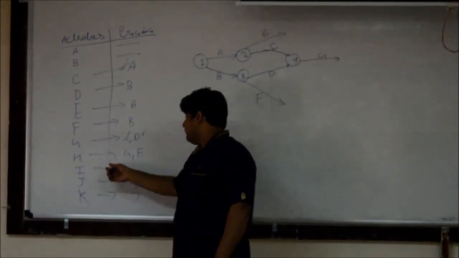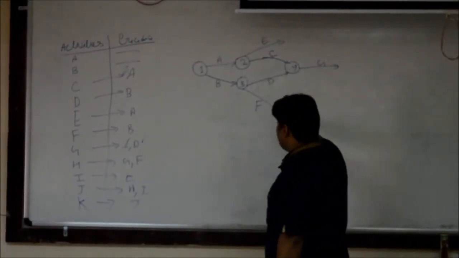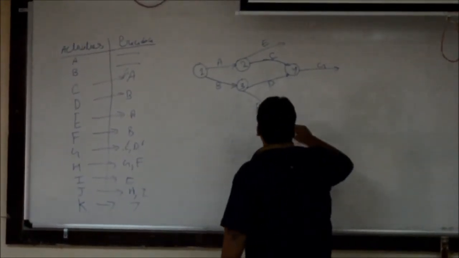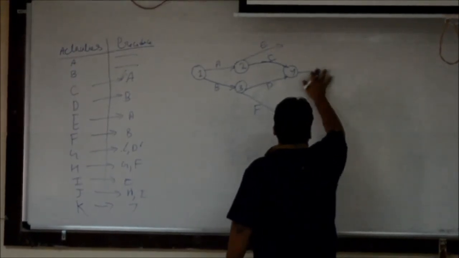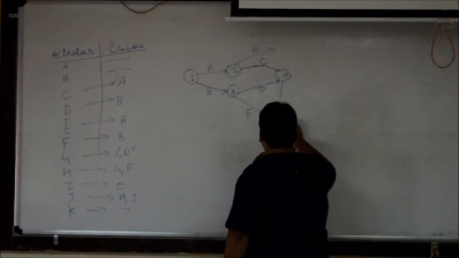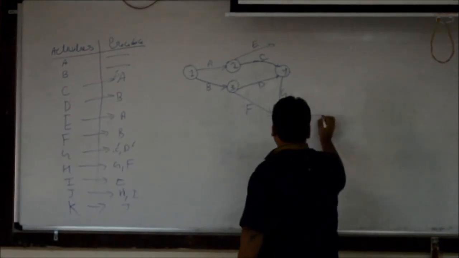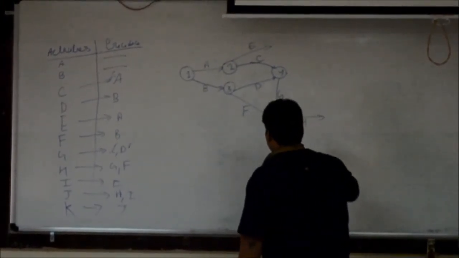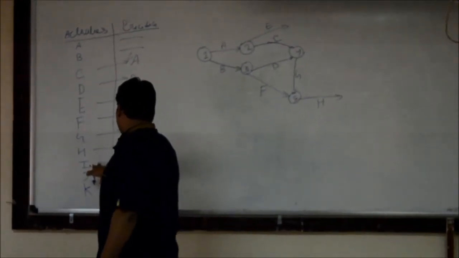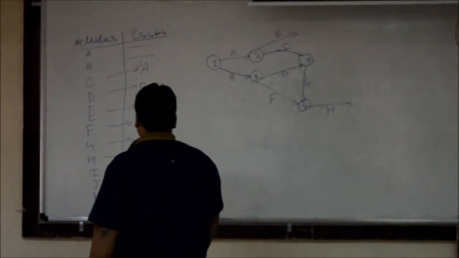Activity H occurs when G and F both are completed. So G and F both are completed, then only our activity H can occur. So we need to create one event, say event 5. This is our G. Event 5, with G and F, enables us to do activity H. Now activity H is completed. For activity I, we need activity E to be completed before.